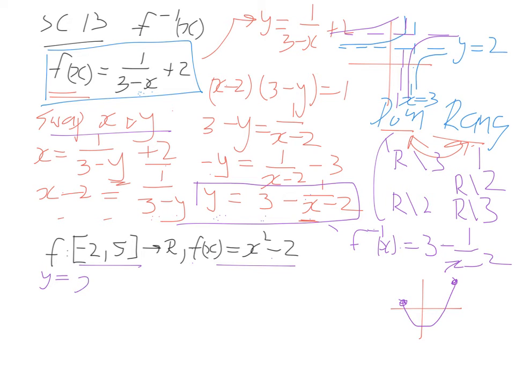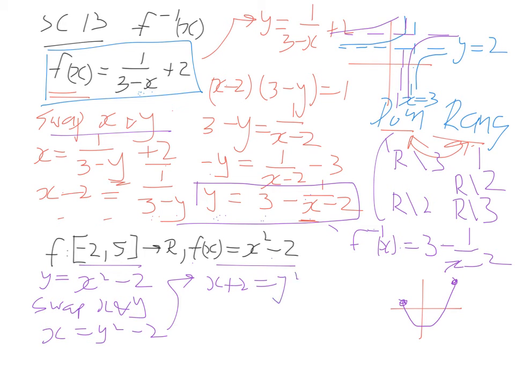y equals x squared minus 2. Swap x and y. So we have x equals y squared minus 2. Over here, I will have x plus 2 equals y squared.